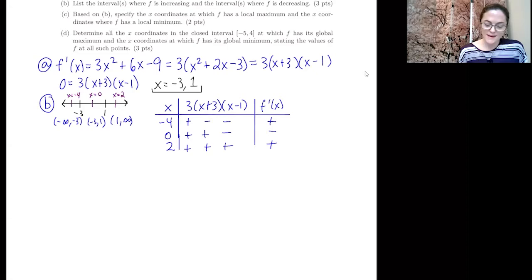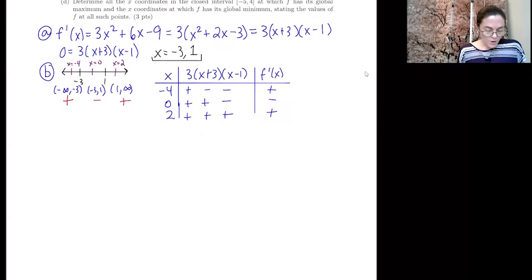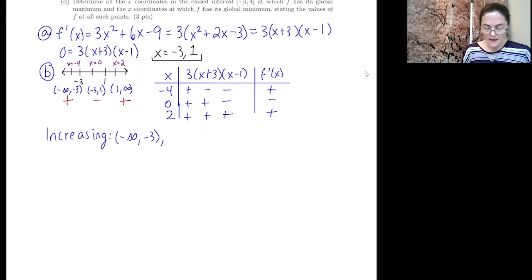Okay, so now maybe in red, I will put this one. I have a plus, a minus, a plus. This is the sign of the first derivative. And so we can immediately write down that the original function is increasing everywhere we see plus, which is minus infinity to minus 3, and also the interval 1 to infinity.